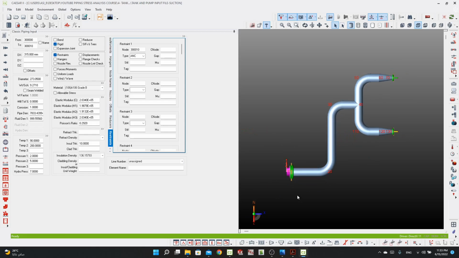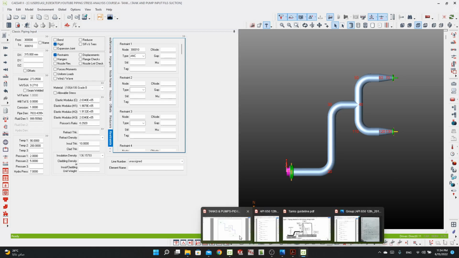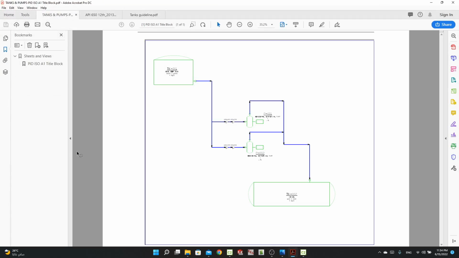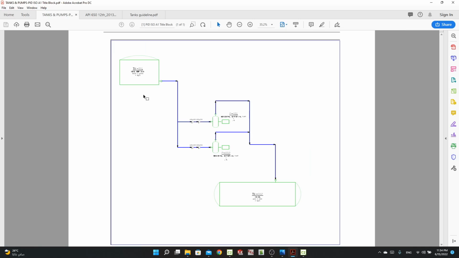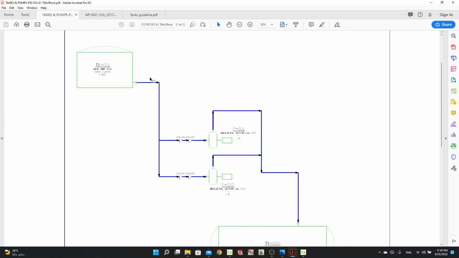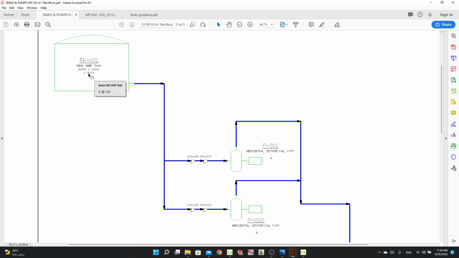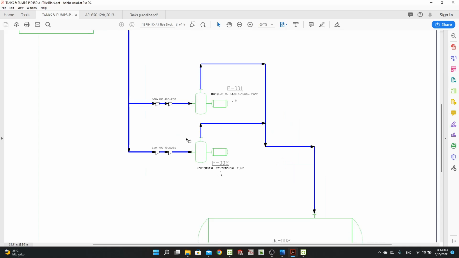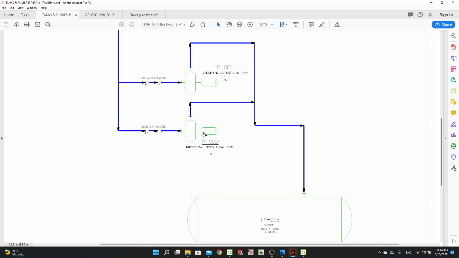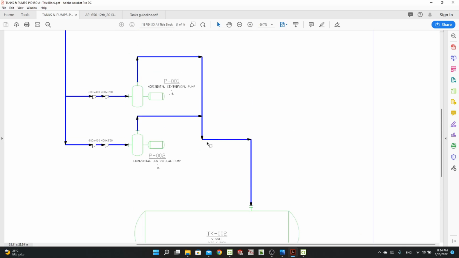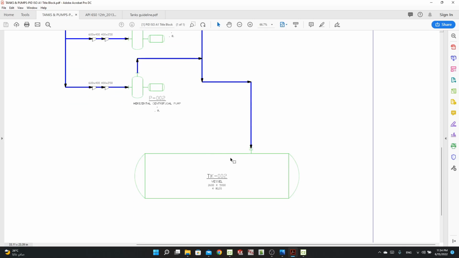We have here, and this will be the example that we are working on through this series, a tank, and two pumps, connecting two pumps, and from the pump we'll go to a storage vessel and a pressure vessel.